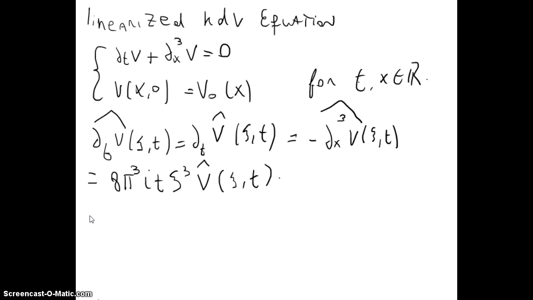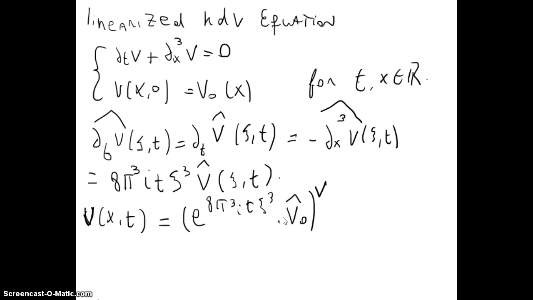So then, if we solve the ordinary differential equation, we can say that the solution b(x,t) is going to be equal to the anti-transform of e^{8π³ i t ψ³} multiplied by the transform of b_0, and then anti-transform all this.